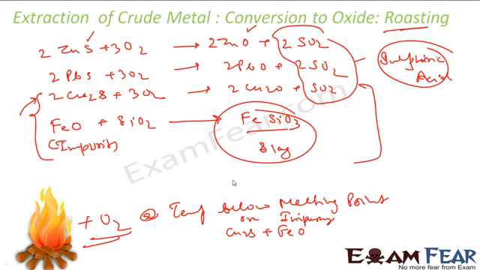Correct? Why I am telling you this is: in this roasting or calcination process, there is a huge amount of heat, right? So we take advantage of this heat. Even if the ore contains other impurities, we add something to form slag. So the same heat will be used to form slag.